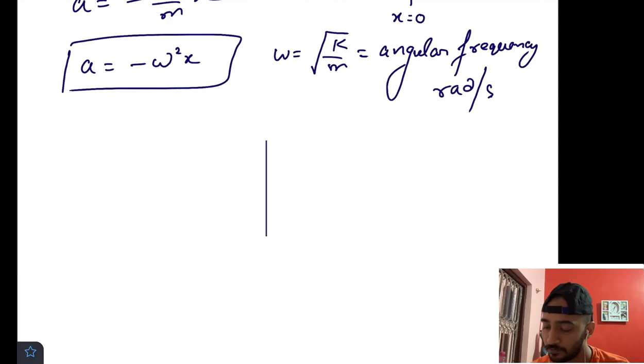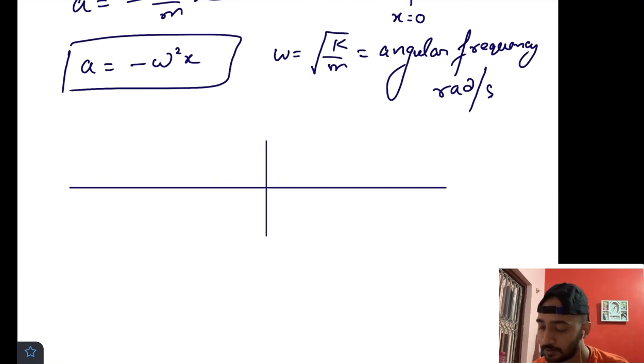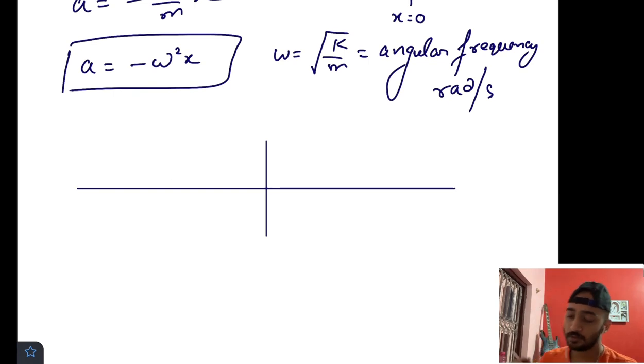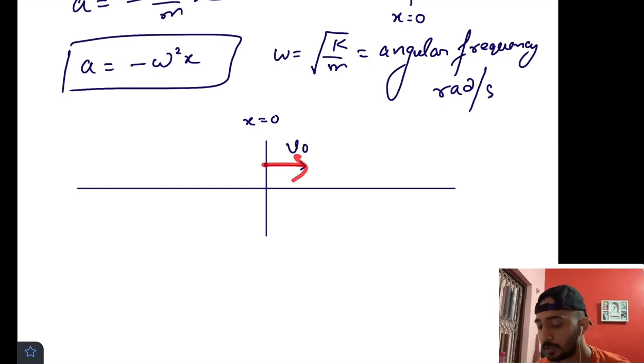If this line is the mean position line and this one is the path, this one is the mean position. Let the particle start from the mean position with an initial velocity v0 towards the right. As I throw the particle towards the right with a speed v0, the displacement of the particle starts increasing.